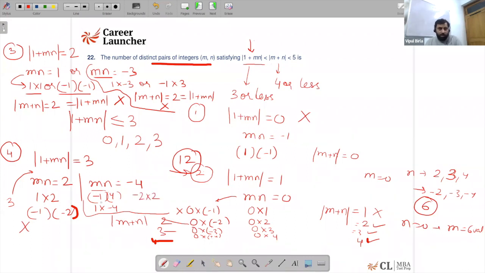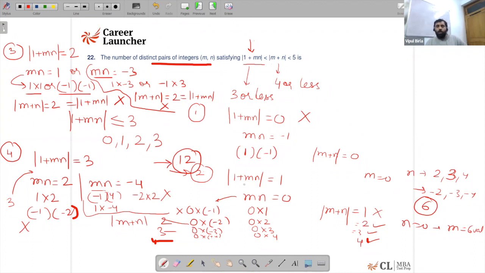Now, in the first case, mod of m plus n will be equal to 3. In the second case, it is equal to 3. And in the third case, it equals 0, and none of the value is greater than 3. Therefore, again, all these three rule out, and therefore, we end up getting 12 possible values.